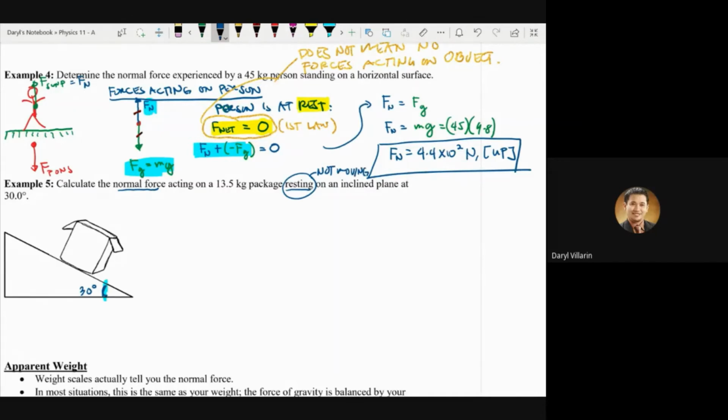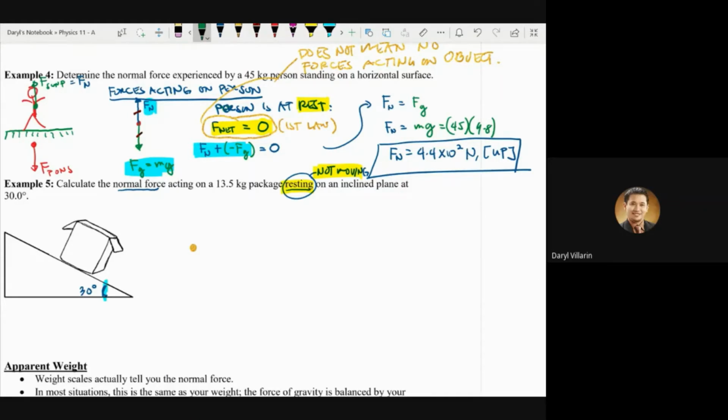I know that because of that word, resting. I'm going to represent the box as a point and then examine what forces are acting on the box.